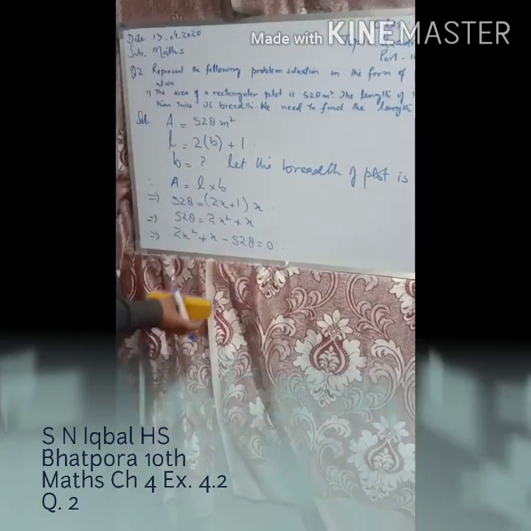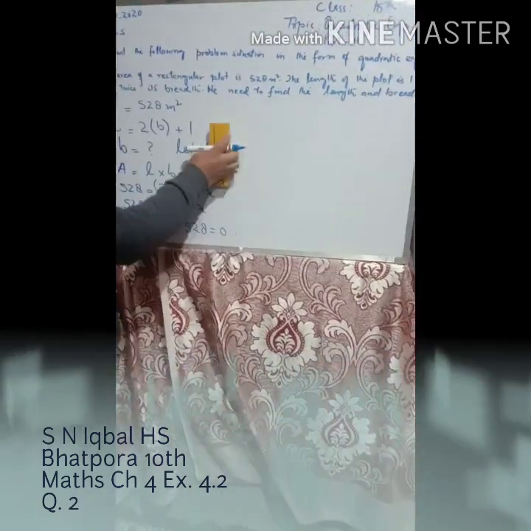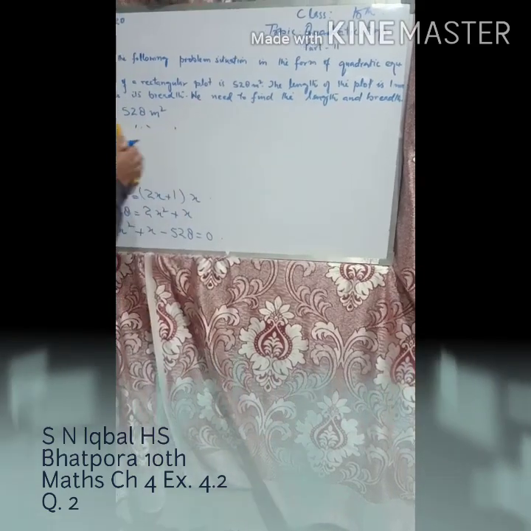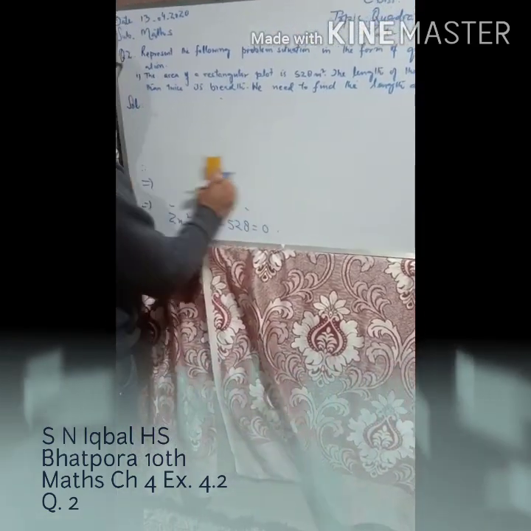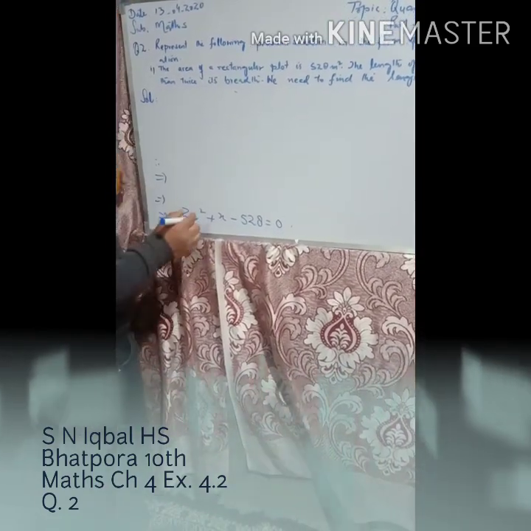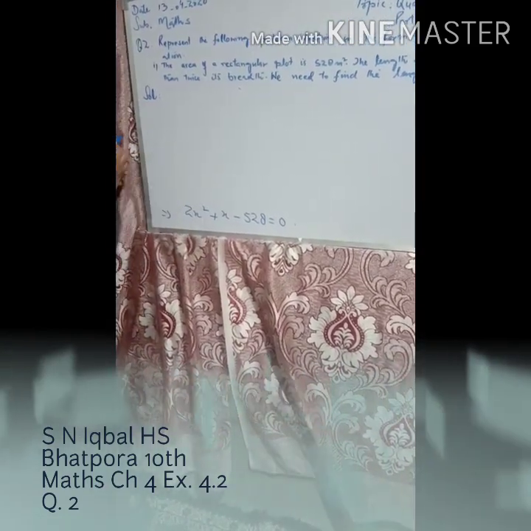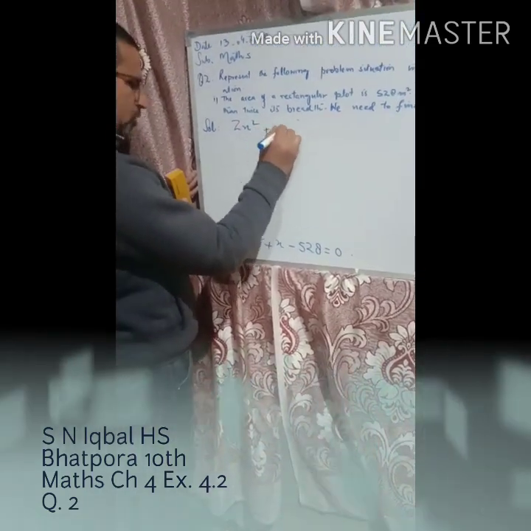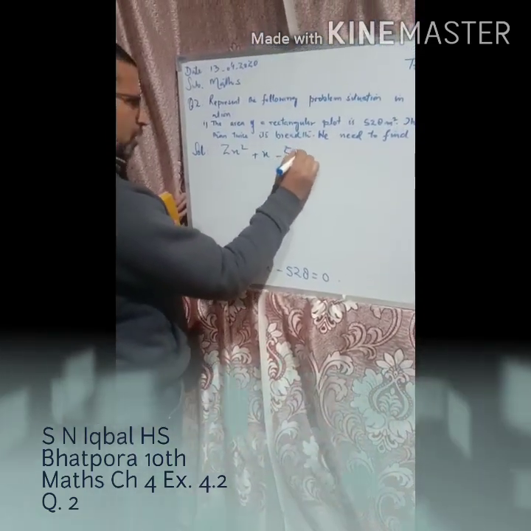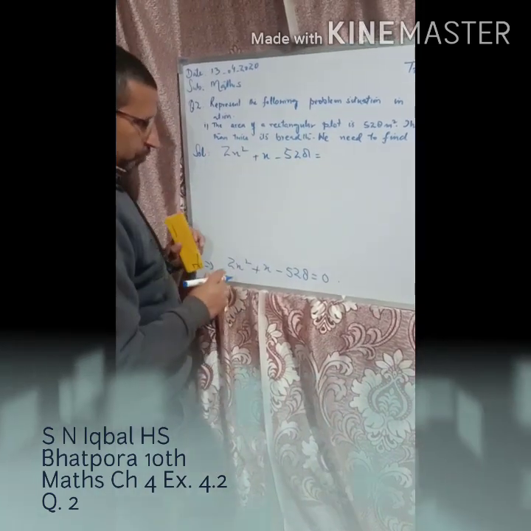Now we will solve this quadratic equation so that we get the length and breadth of the given plot. What is the quadratic equation which we obtained? It is 2x square plus x minus 528 is equal to 0.